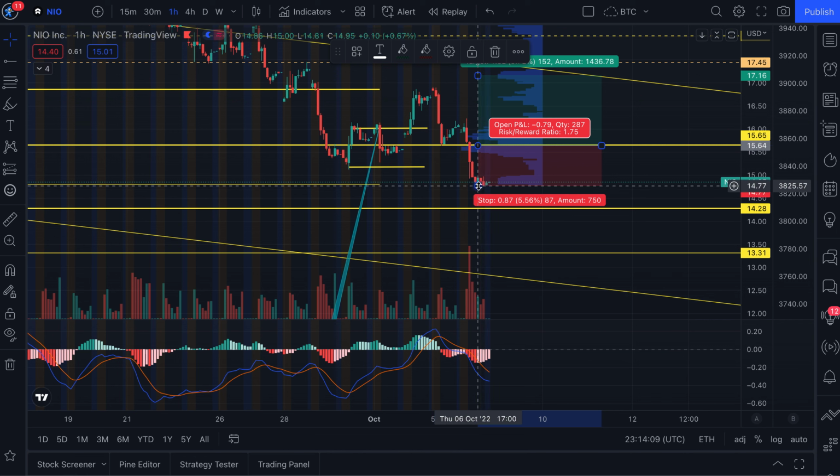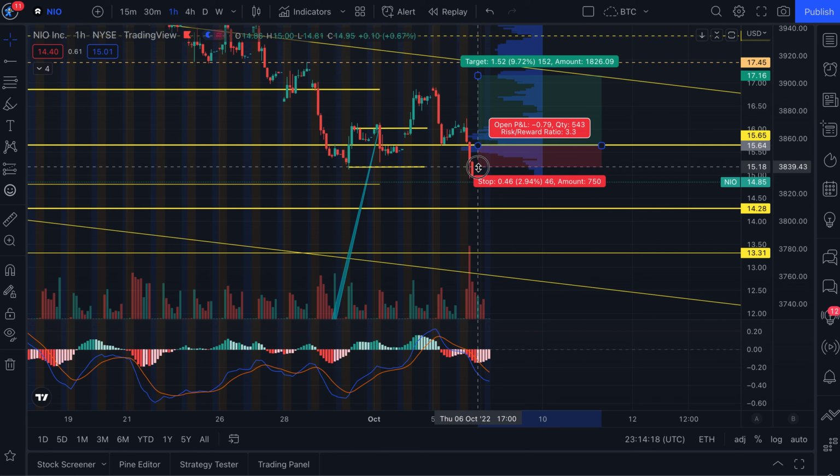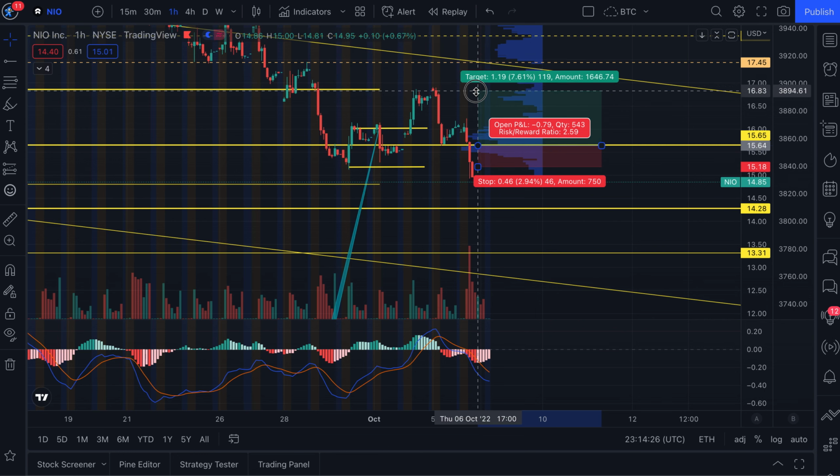And because we want to make this a 1.75 R&R, just because I'm more conservative, I'm probably going to want to do that 3. That's too much, but that's because our upside target is not correct. I'll bring this down, and there we go, 263.